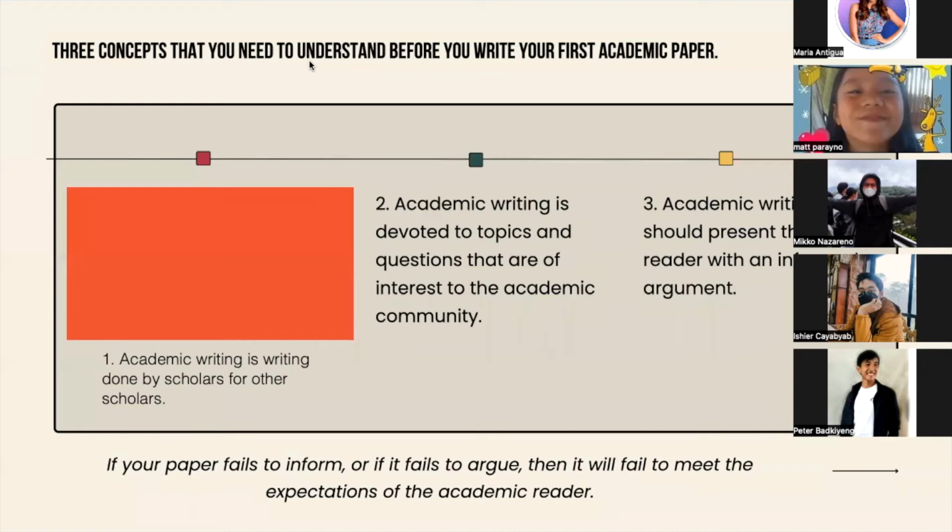So as a college student, you will need to be engaged in activities that scholars have been engaged in for centuries, for a long time. You will read about something, you will think about something, you will argue about something, and you will write about something.